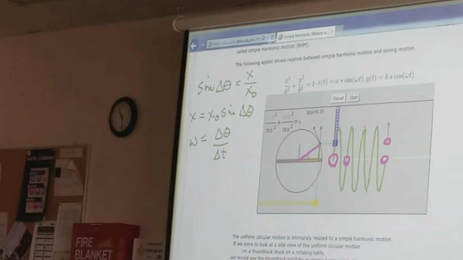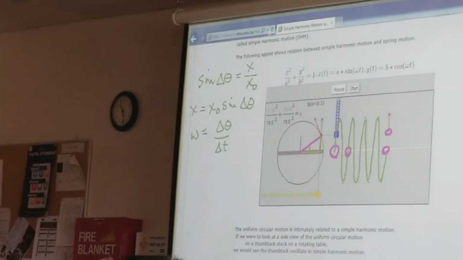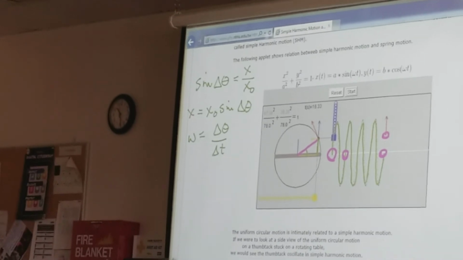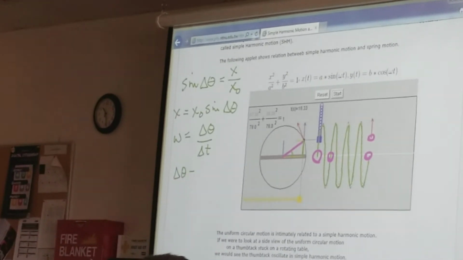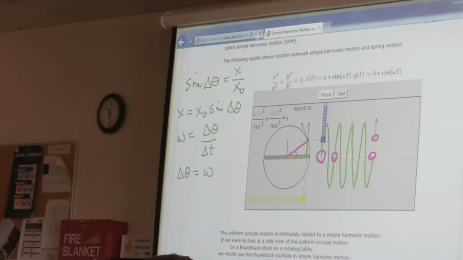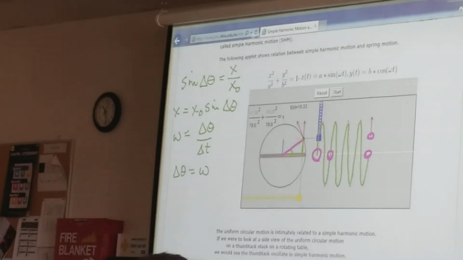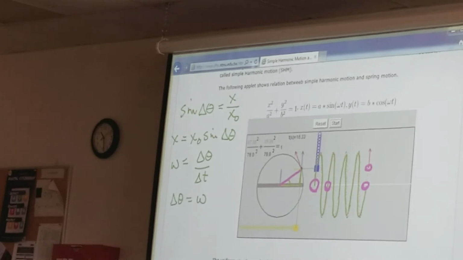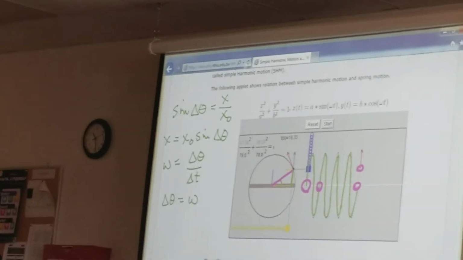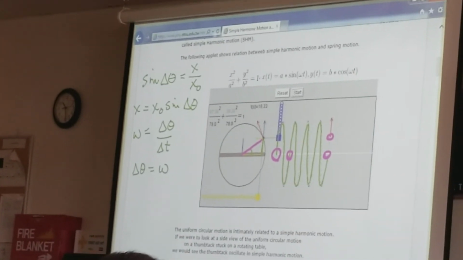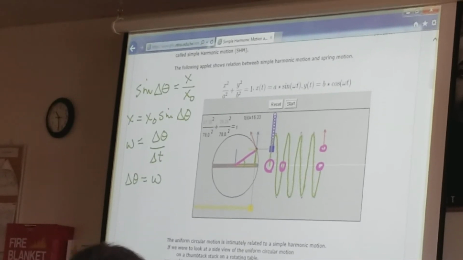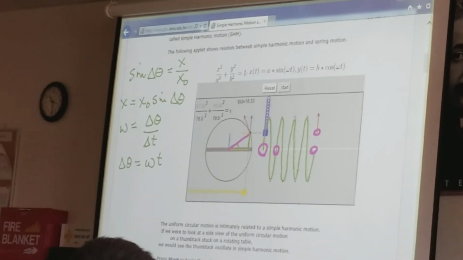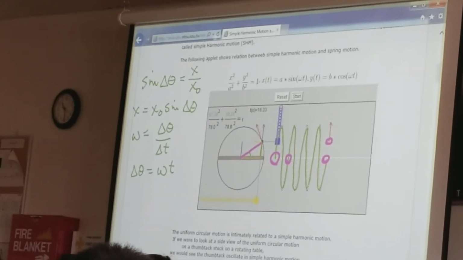Everybody all right? But if we rearrange that, the angular displacement equals the angular velocity, which we call the angular frequency for the mass, times time. I'm going to drop the delta because it's not going to show up later on anyway.